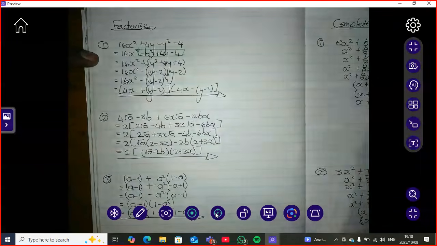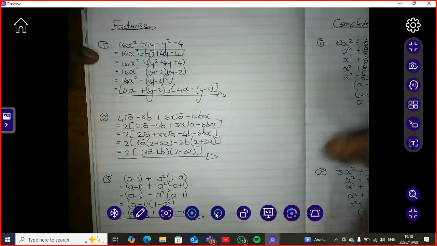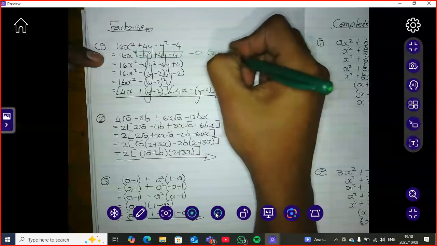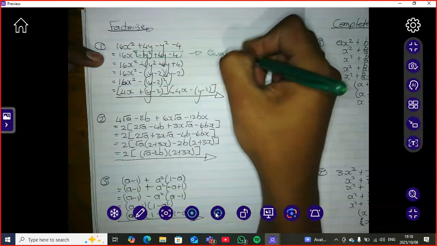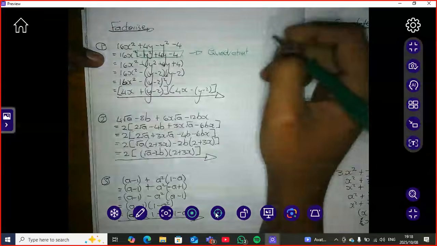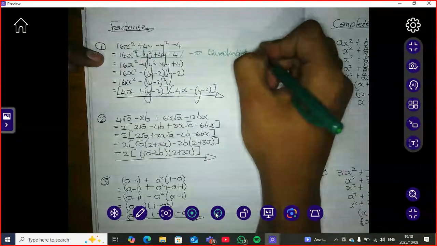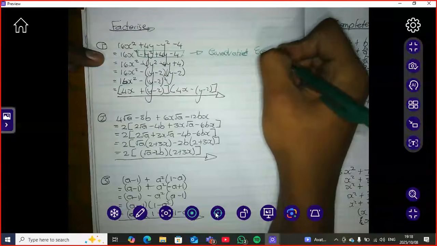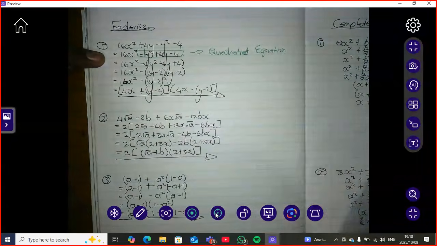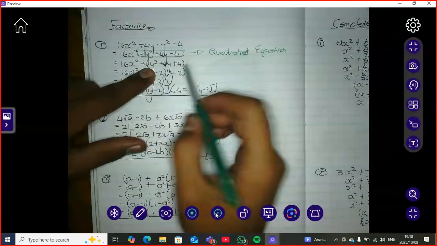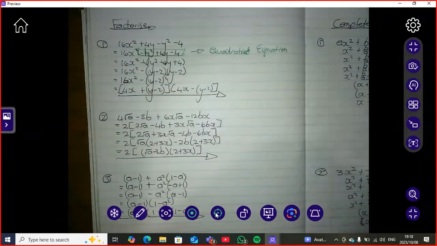Yeah, the green pen you can't see nice. But this is a quadratic equation, because of that squared. So that's why I have it in brackets here. It's a funny, weird question.